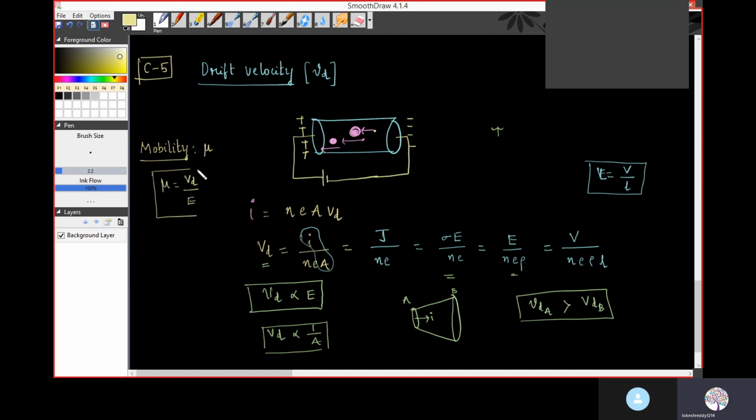When you see Vd is directly proportional to E, as E increases, Vd increases. So when the electric field is 1 unit, what is the drift velocity? That is called mobility. The unit is meter square per volt second. This is for mobility.